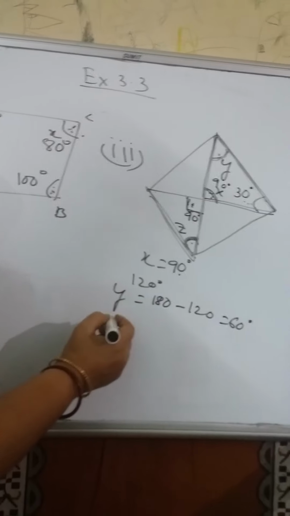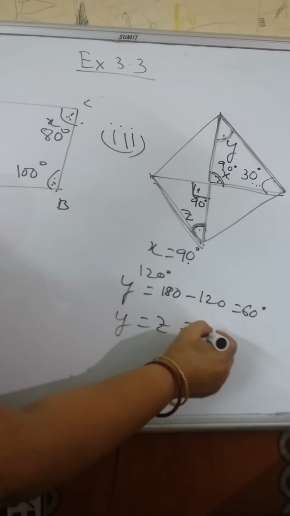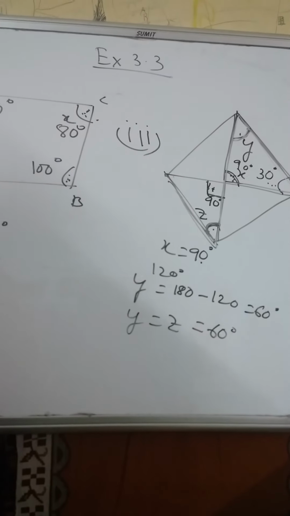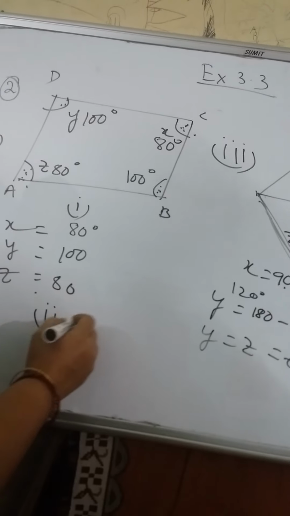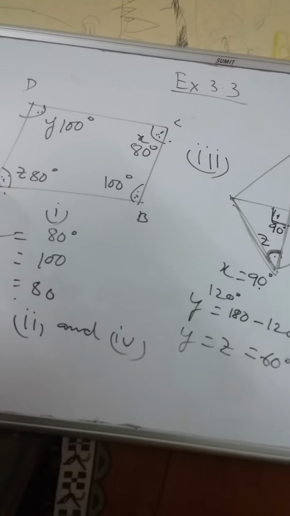So y equals z, that is 60 degrees. Understood? Now 2 and 4 will be your homework.